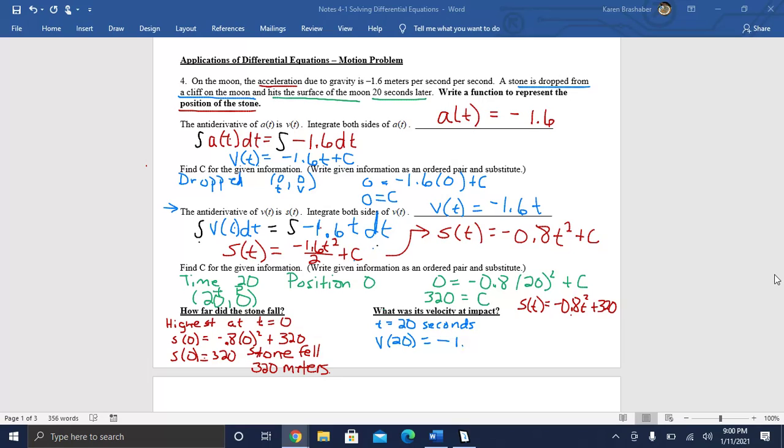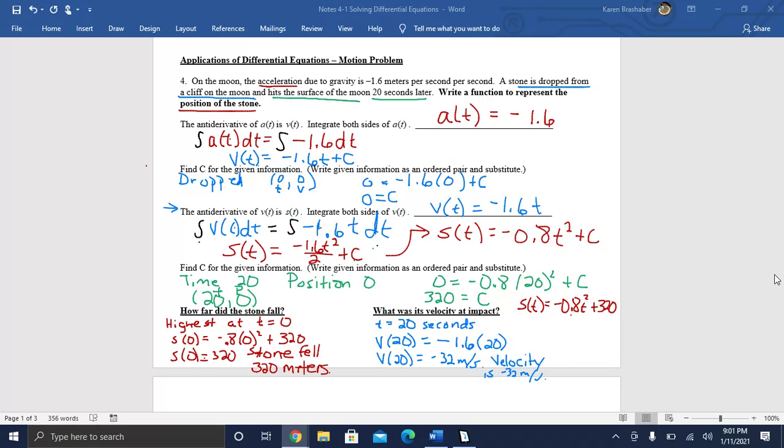You want to be sure you're using your velocity function, negative 1.6 times 20. And so v of 20 would equal negative 32, and that unit would be meters per second. So negative 32, negative because the stone is dropped. And so the velocity at impact is negative 32 meters per second.